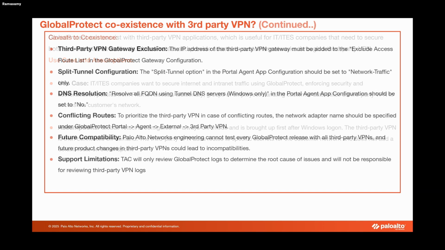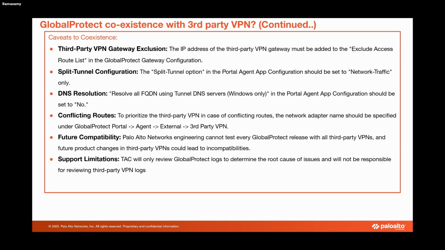For the third-party VPN to coexist with GlobalProtect, cross-exclusion is important. Basically, you cannot have overlapping subnets. The Prisma Access should have exclusion for third-party VPN domains and subnets. Also, the third-party VPN should tunnel traffic only for certain subnets and applications.